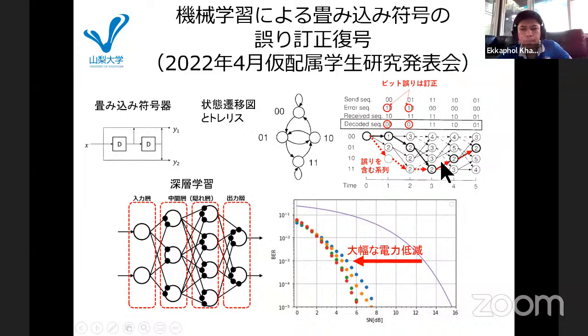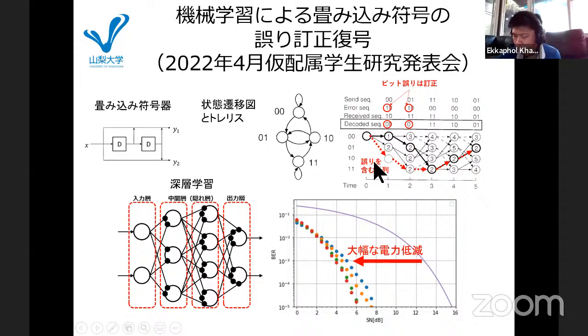And very importantly, these states are not fully connected. So we cannot move from 00 to 11 or 00 to 10. Or also from 01 to 00 or from 01 to 01, we cannot move. So this trellis, or this state transition diagram, has limited transitions.